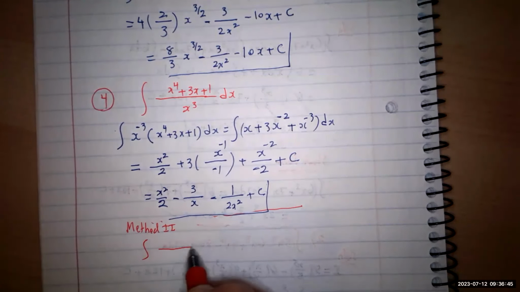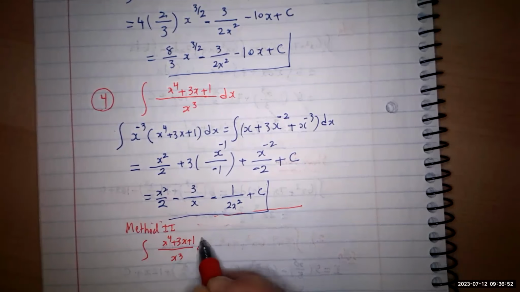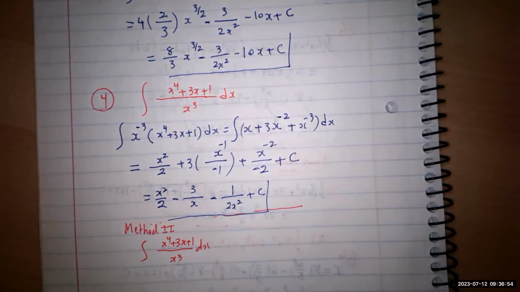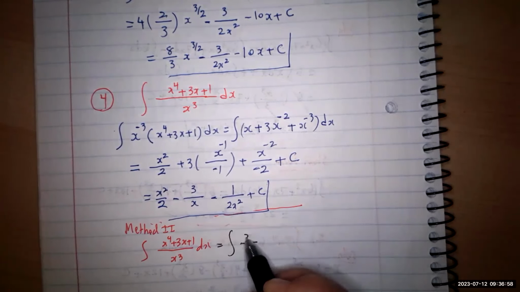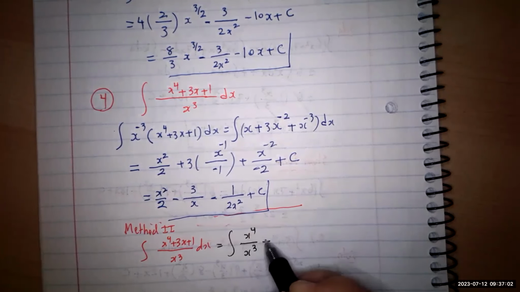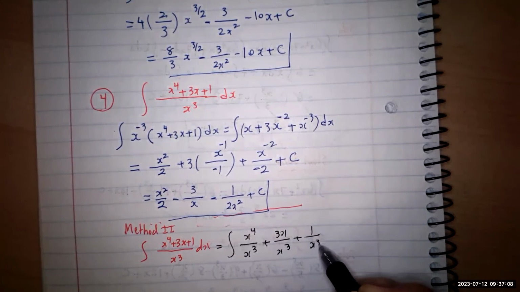So this is the original one, x to the 4 plus 3x plus 1 over x cubed dx. We can write it as the sum of the like fractions, we call it. So they write this one as x to the 4th over x cubed, plus 3x over x cubed, and plus 1 over x cubed.